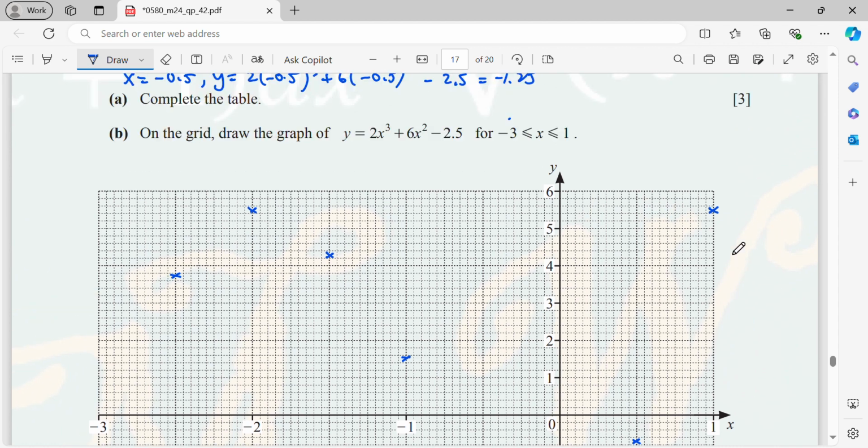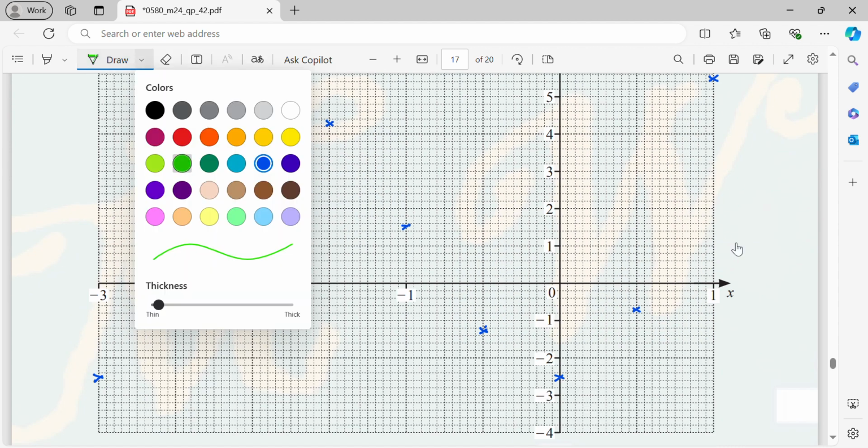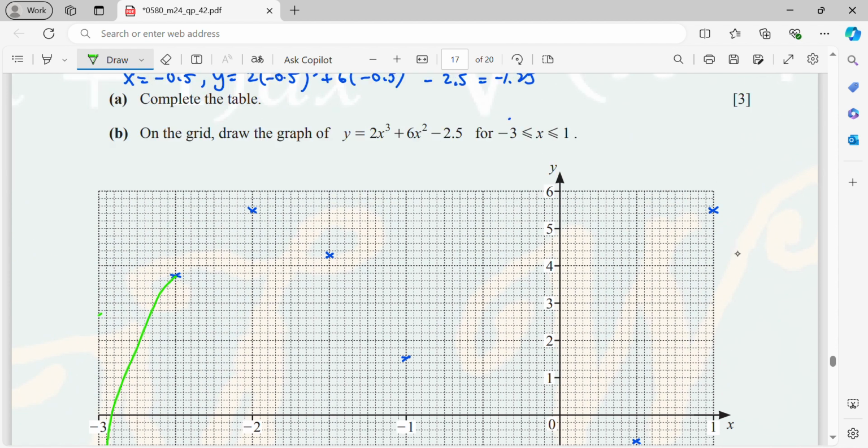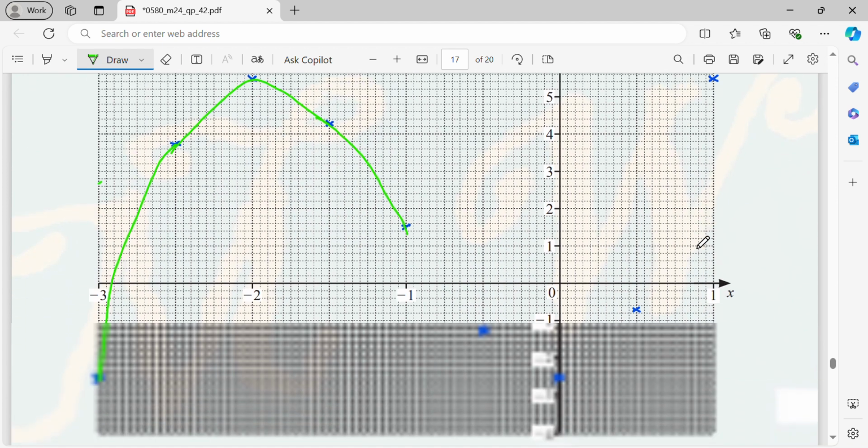Right, so now we need to join all the points. So it should be a curve, right? Smooth curve.